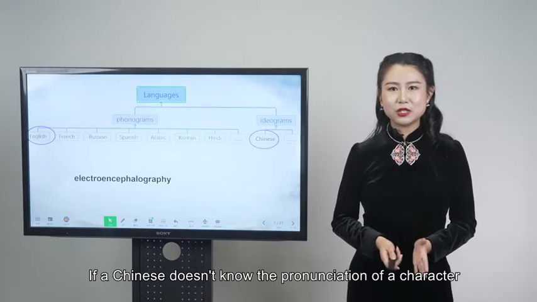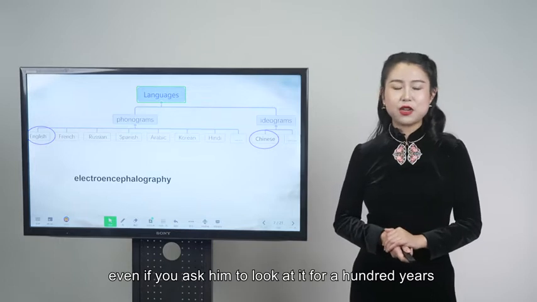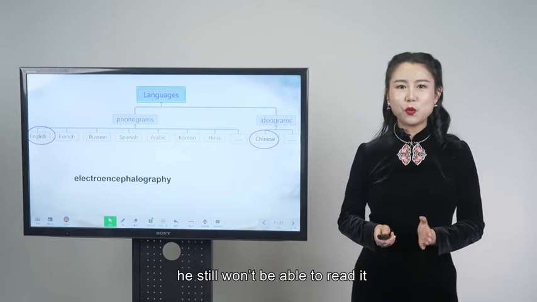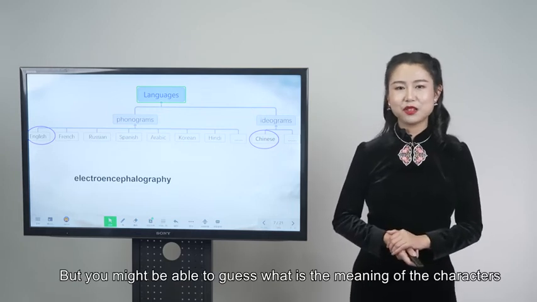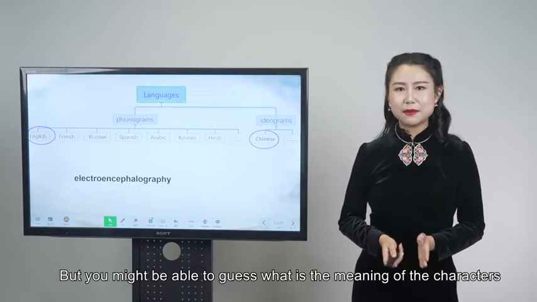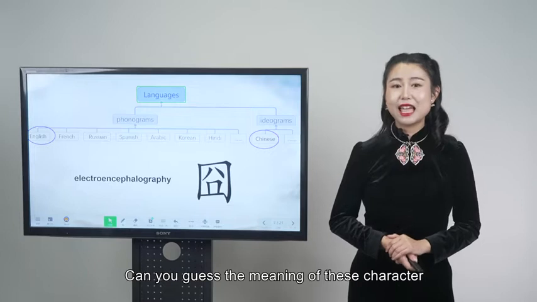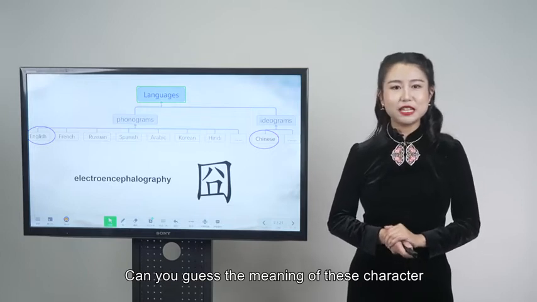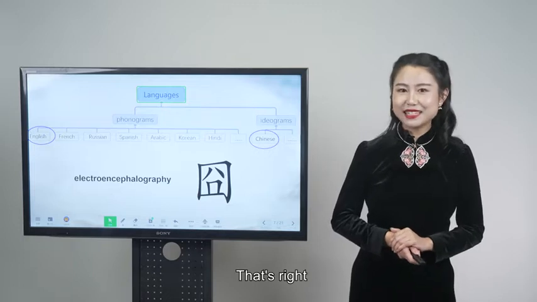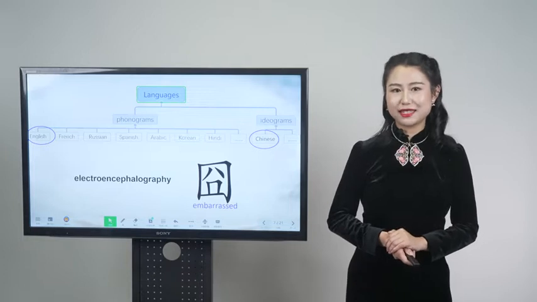If a Chinese person doesn't know the pronunciation of a character, even if you ask him to look at it for 100 years, he still won't be able to read it. But you might be able to guess the meaning of the character. Let's try. Can you guess the meaning of this character? That's right. It means embarrassed or awkward.